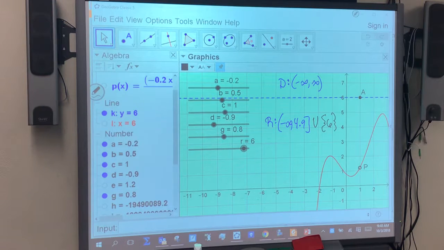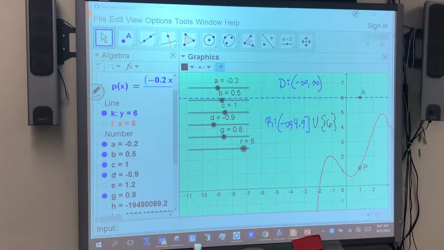That curly brace notation represents a set, and that set only has one value, 6. So negative infinity to 4.9, along with 6, is basically what that's saying. It is all of my y values. We okay with that kind of understanding?